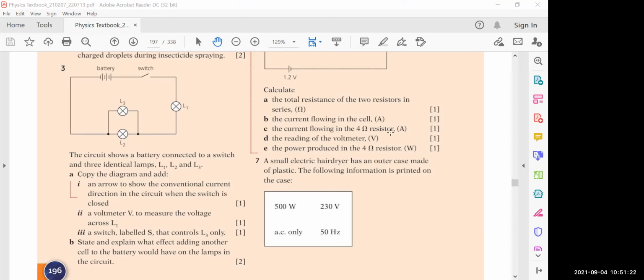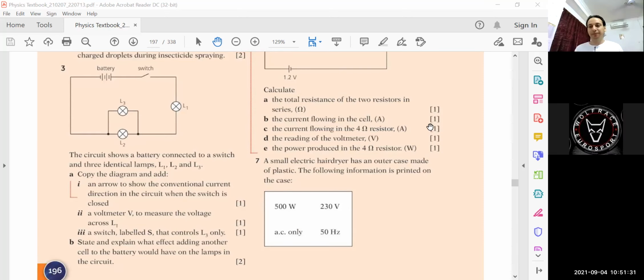Question number 3, A part, children. I'm giving you permission to annotate, children, and you can mark the direction of current. Anyone, you can annotate the direction of current.